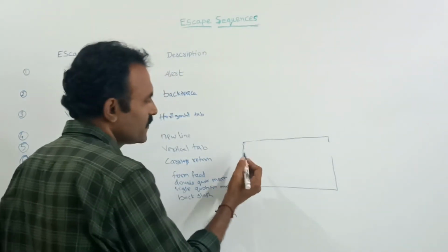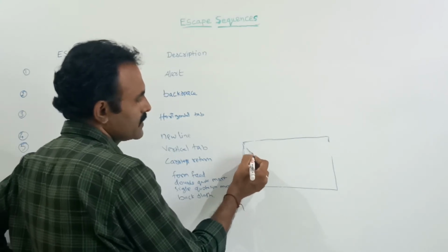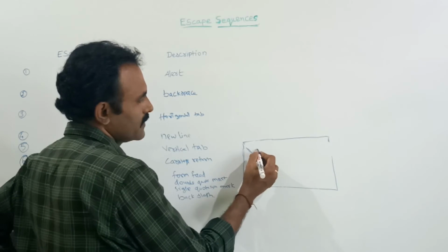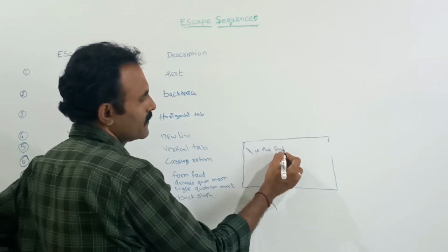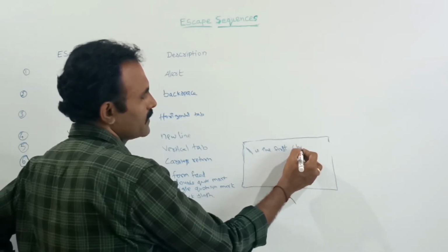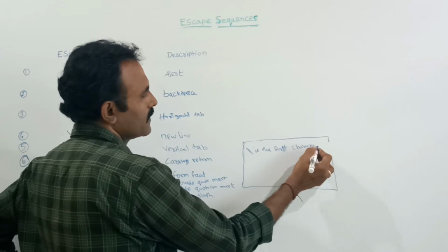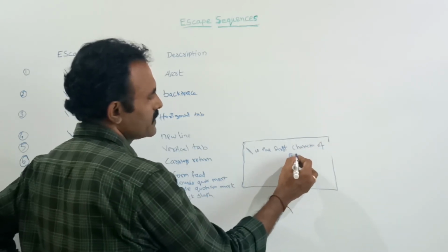Suppose I want the output like this: backslash is the first character of escape sequence.